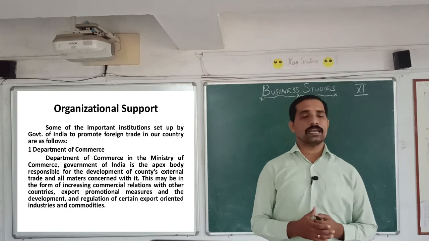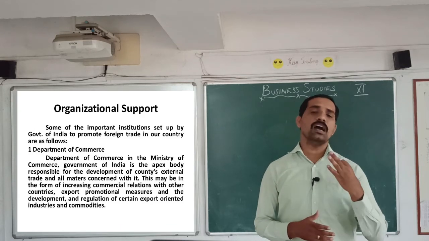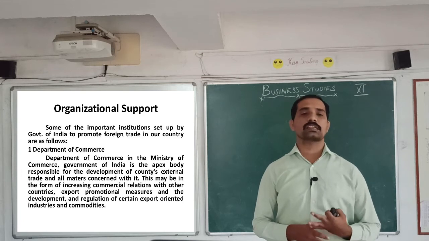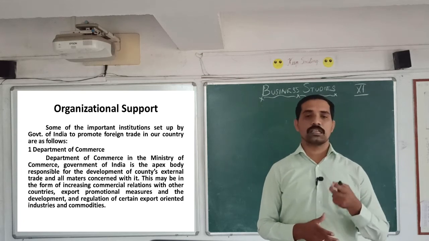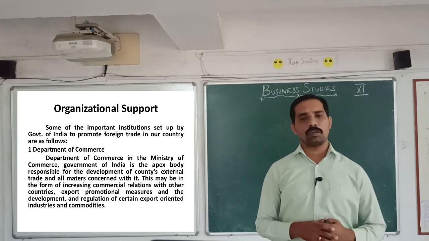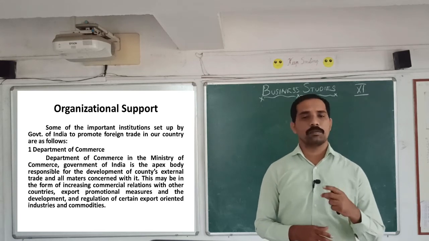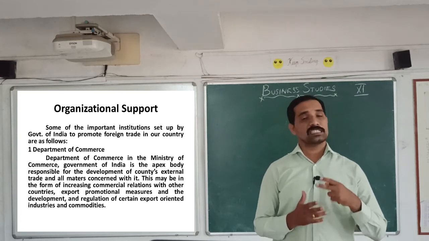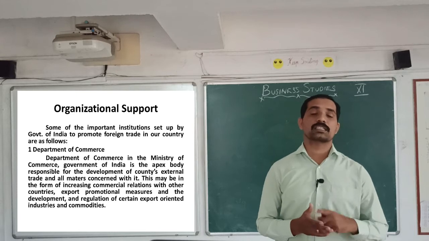Okay, in organizational support, some of the important institutions set up by the Government of India to promote foreign trade in our country. First, the Department of Commerce. See, the Department of Commerce in the Ministry of Commerce, Government of India, is the apex body. It is responsible for what?